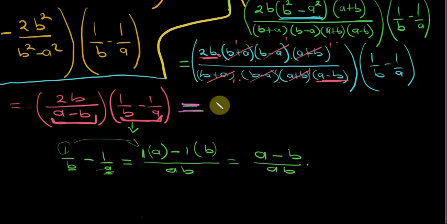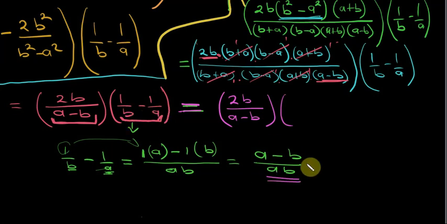Coming to our problem, just finishing off, where there's 1 over b minus 1 over a, replace it with a minus b over ab because it's the same thing. From here we see that we have like terms, a minus b and a minus b, and because this is multiplication, they cancel out. It's 1.